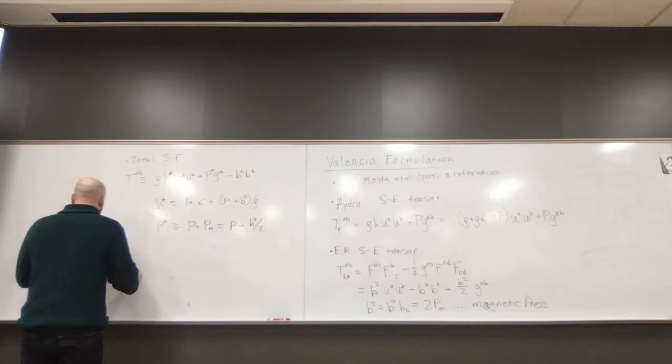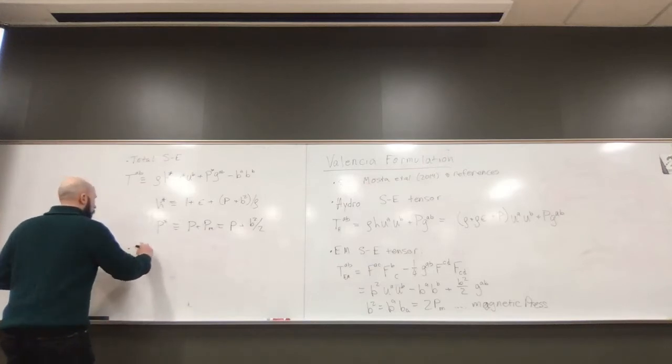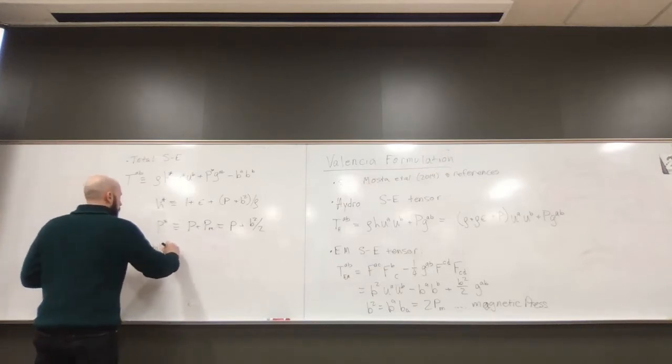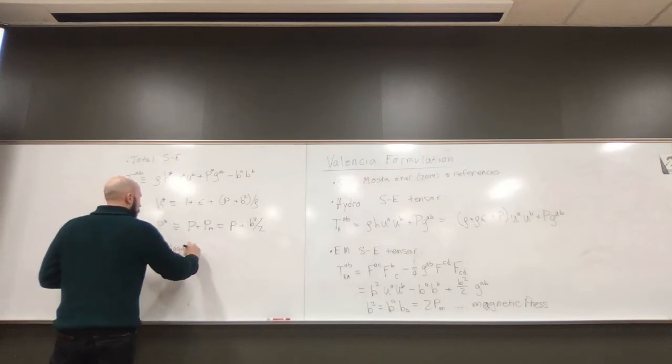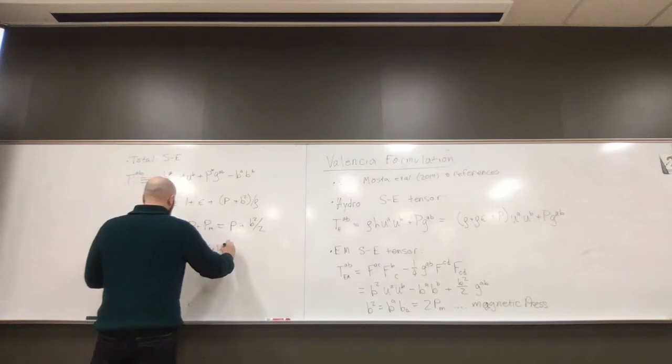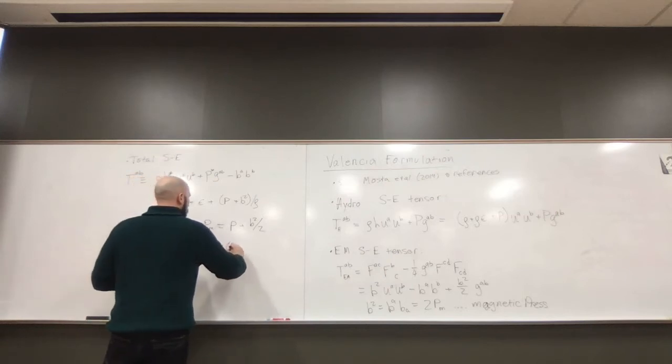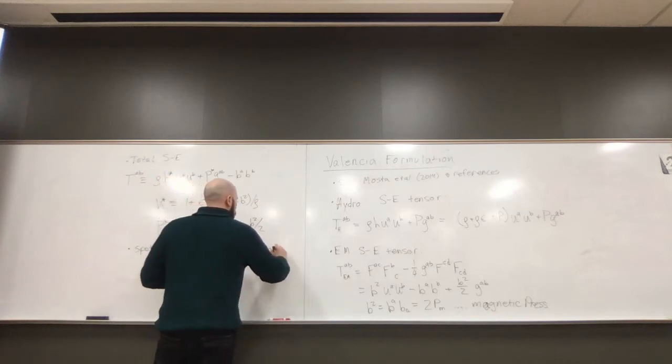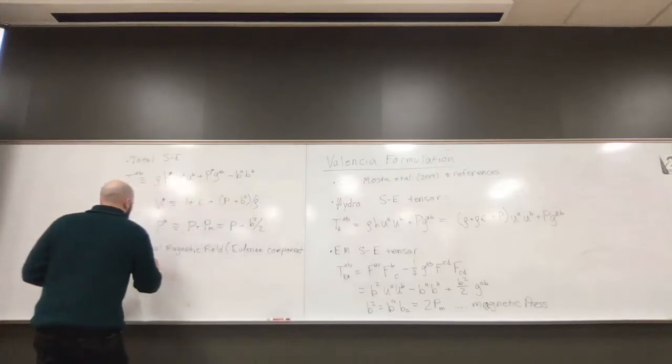So then we will say that the spatial magnetic field, which is what we had before, I'm just redefining it. It's the same definition, which is another way of saying it is the Eulerian component of the Maxwell tensor.